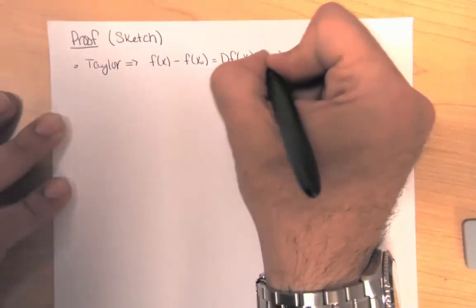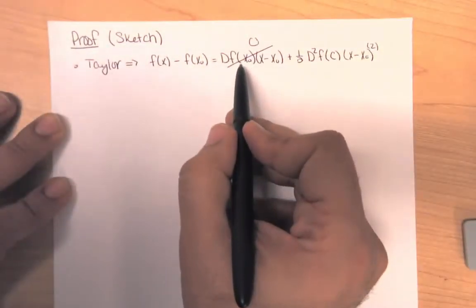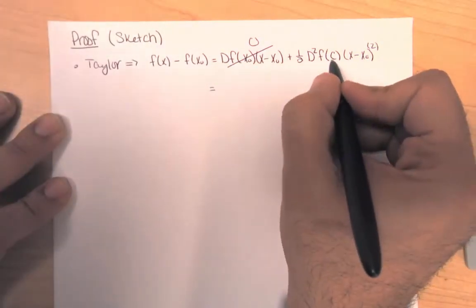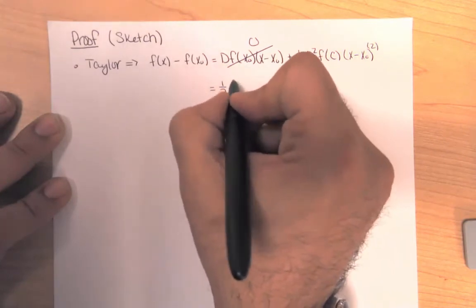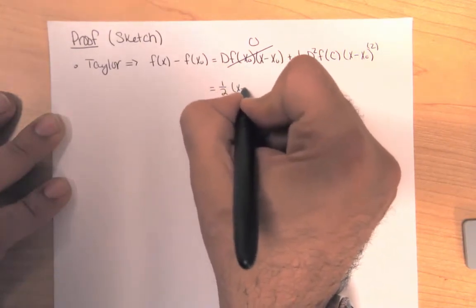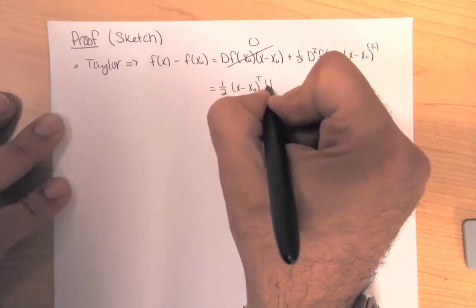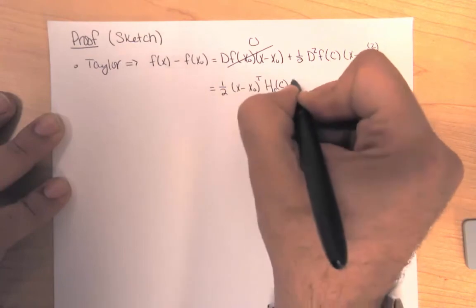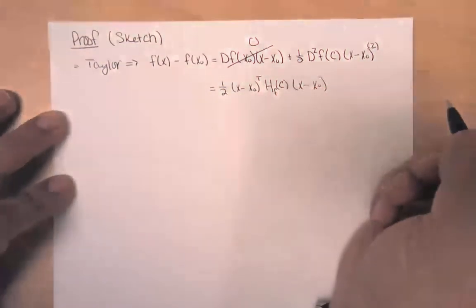Now, I know that this term is 0 because x naught is a critical point. And my second derivative is a bilinear form, which has the structure x minus x naught transpose times the Hessian evaluated at c of f times x minus x naught.